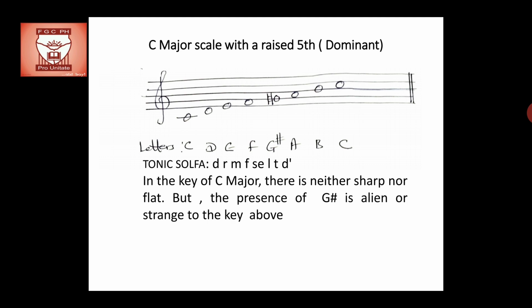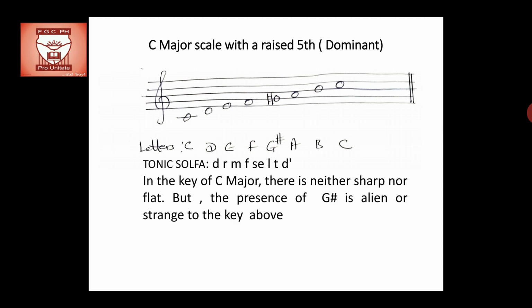If we were in the minor key, which is A minor, the relative minor of C major, we would be having la, ti, do, re, mi, fa, si. In the key of A minor, that G sharp will be suitable because it belongs there. But back to C major, which we are looking at as our example, it is alien to the key.